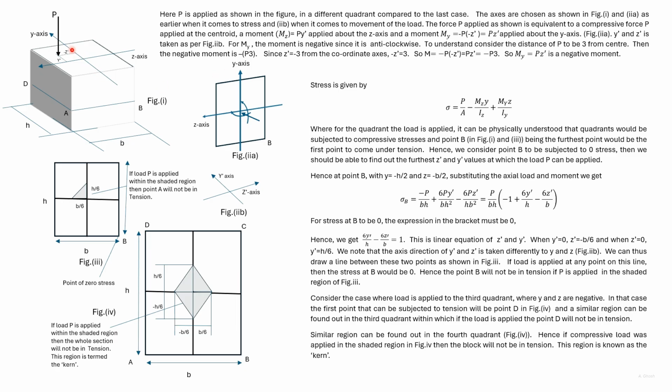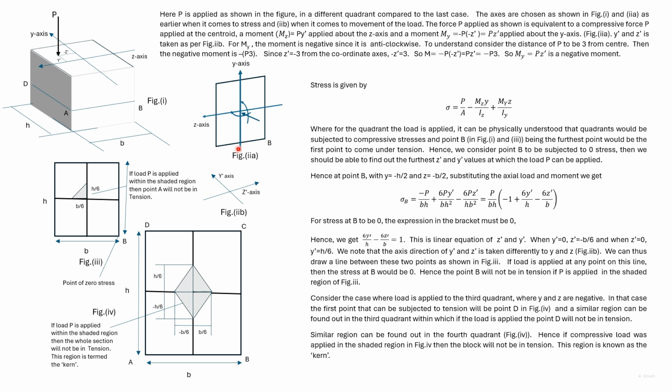We have to find out the locus of P within this quadrant, which corresponds to the stress at P being 0. That locus will give us the portion within this quadrant in which if P is applied, then the stress in this cross section will be compressive only.